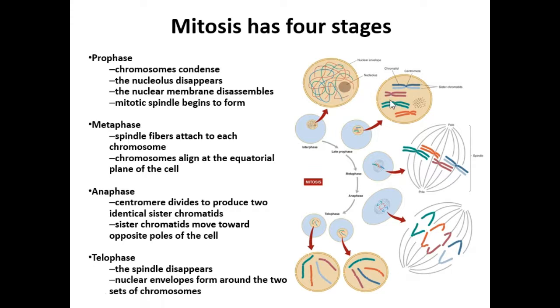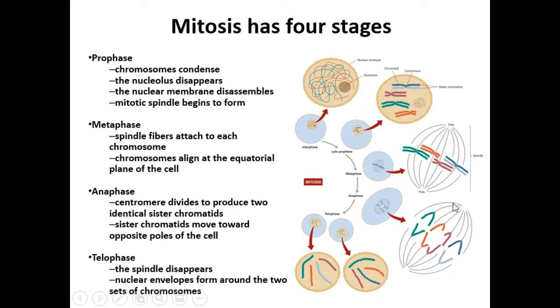And then the mitotic spindle begins to form, and then here will be the metaphase. In metaphase, spindle fibers attach to each chromosome, and then the chromosomes align at the equatorial plane of the cell, all right? Anaphase: the centromere divides to produce identical sister chromatids, right?